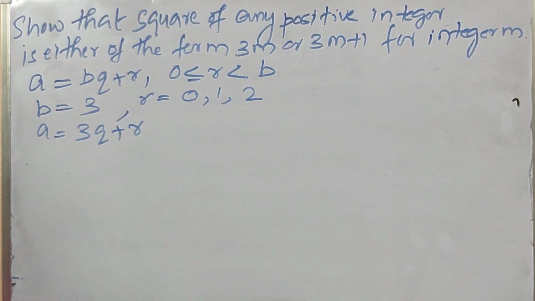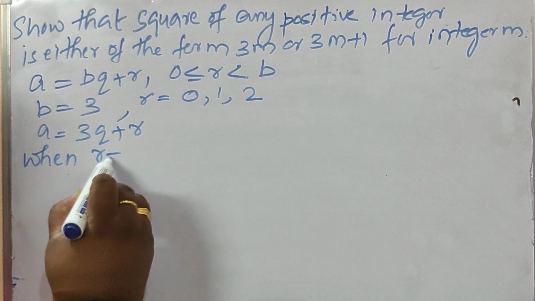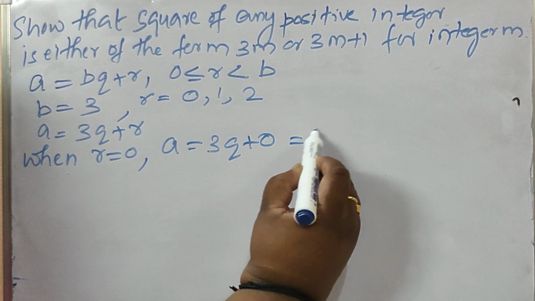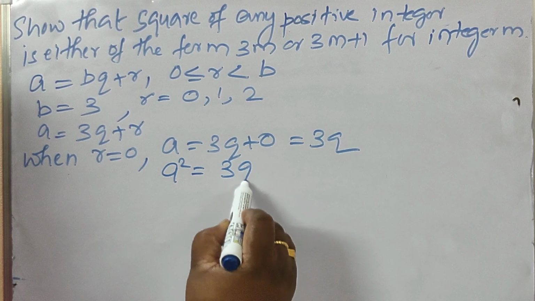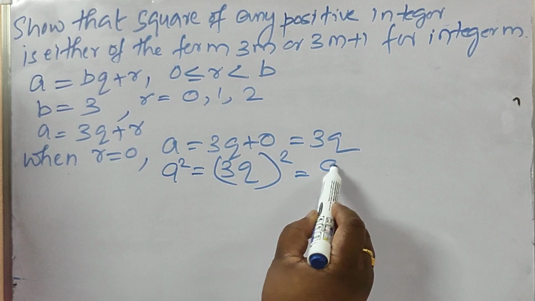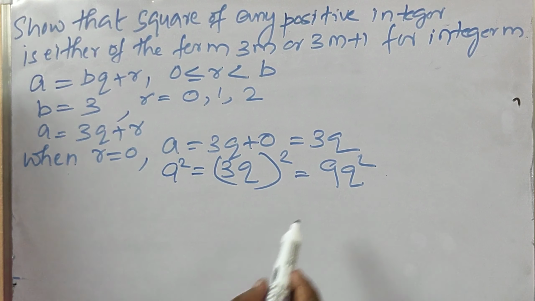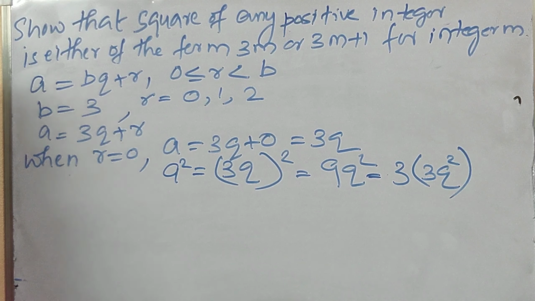Now like the previous question, we can give the values of r one by one. So first, when r is equal to 0, what is a? a is 3q + 0, that is 3q itself. So what is a squared? a squared is 9q squared. But we don't want 9q squared, we want only 3m or 3m + 1. For that we can write 9q squared as 3 into 3q squared.